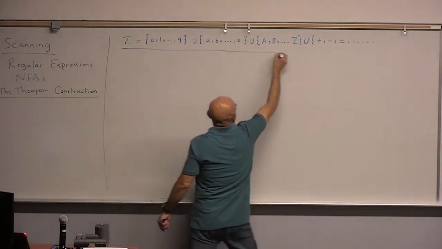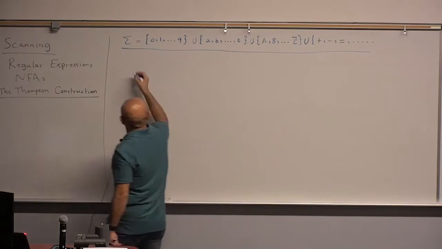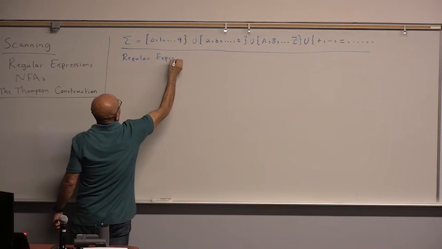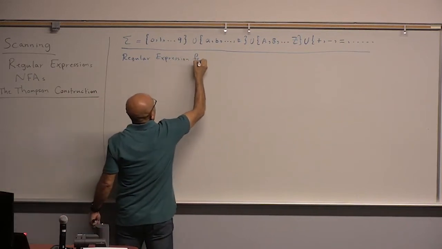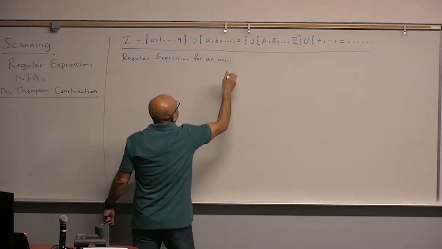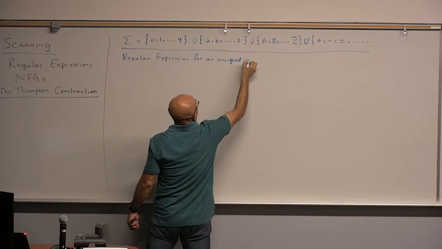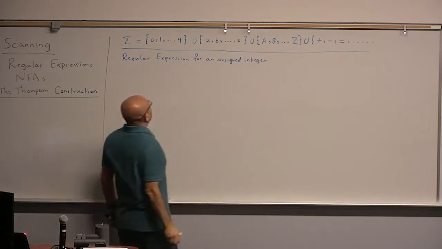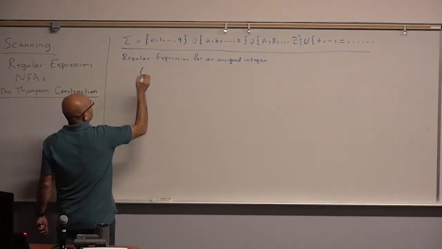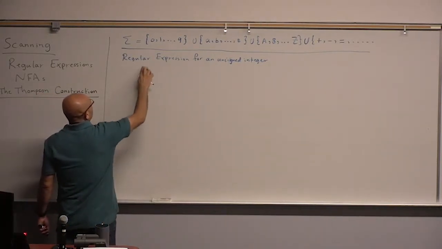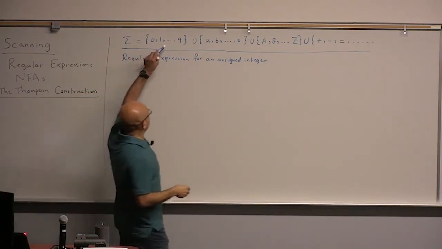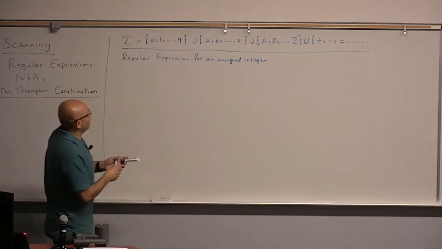Given this sigma, we need a regular expression for an unsigned integer. By the way, we will use a shorthand for numbers and alphabetic characters.